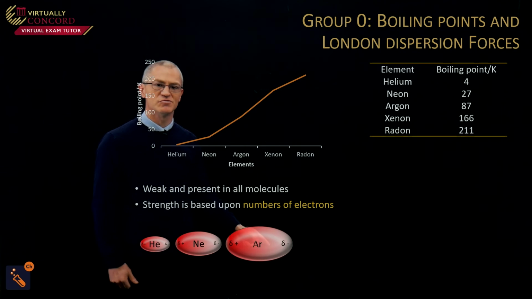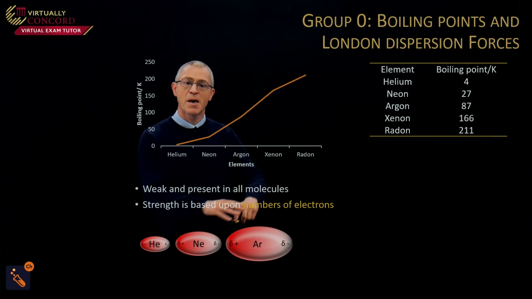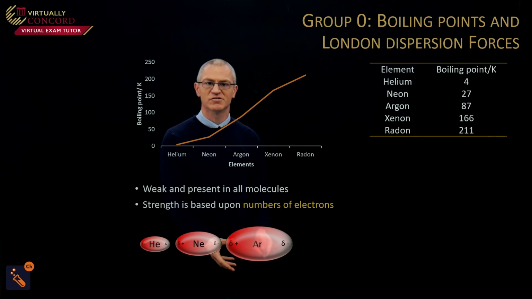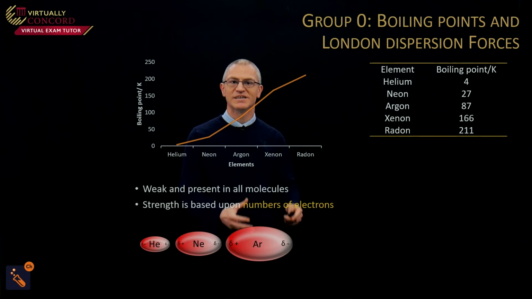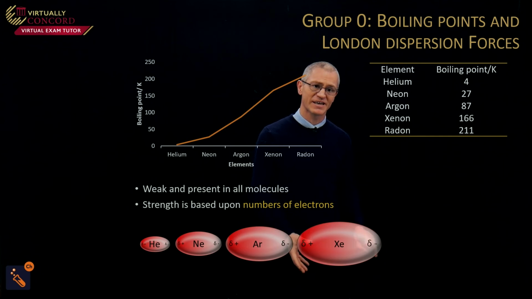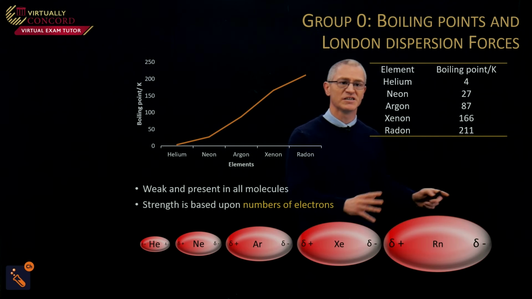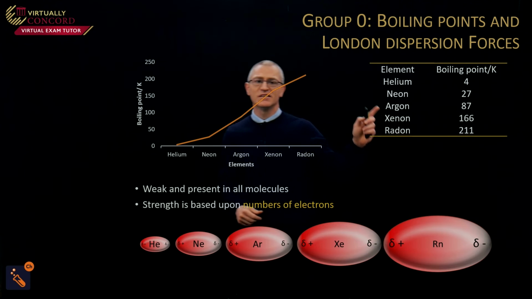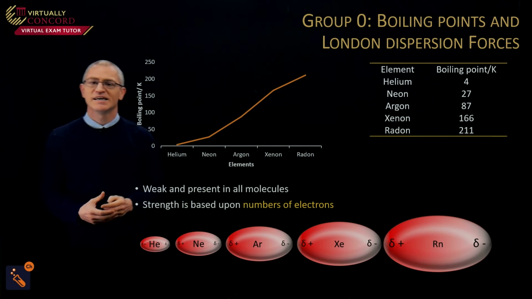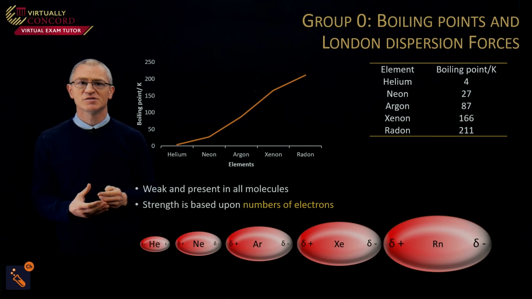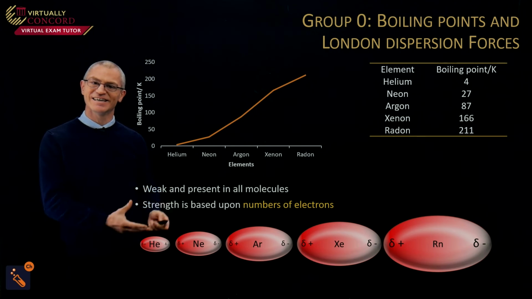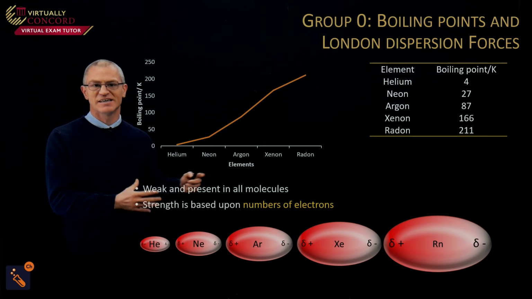And this carries on all the way through, so we've got a delta plus, delta minus, larger amounts of electrons. Because the electrons are increasing in number, the London dispersion force is getting stronger. We go to xenon, okay, that's again bigger. And lastly, we go to radon, again much bigger. So this increase in boiling point that we can see here is directly down to the London dispersion forces getting stronger because the number of electrons in each atom is increasing.